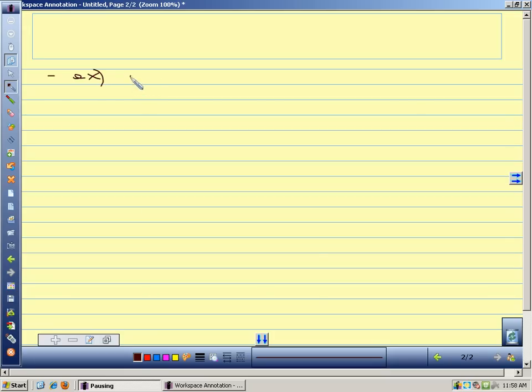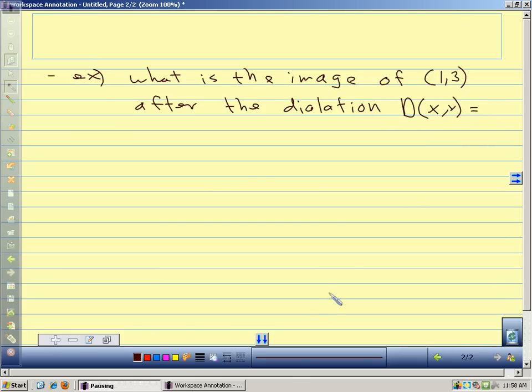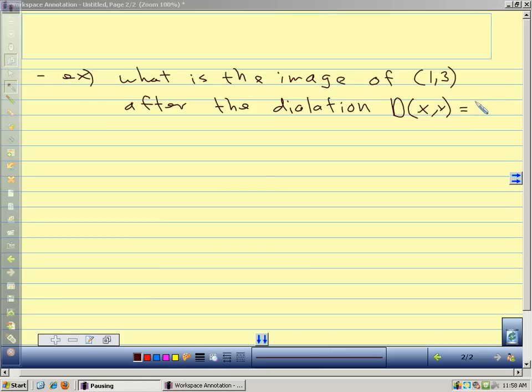So we want to know what is the image of point 1, 3 after the dilation D(x, y) equals (3x, 3y).